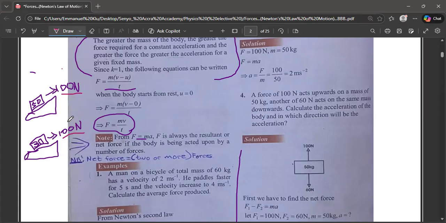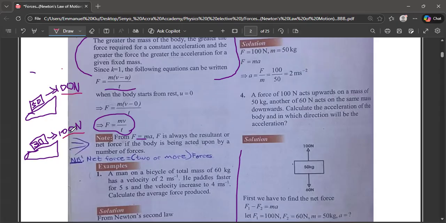So it implies that the 30 kg mass will come out faster than the 50 kg, because the heavier you are, the longer it takes for you to come out.